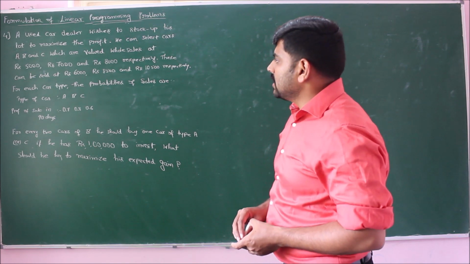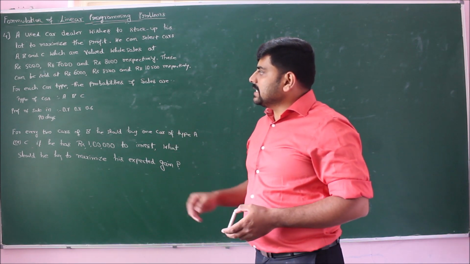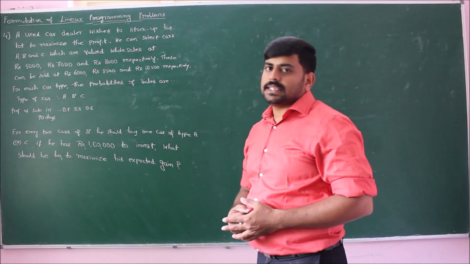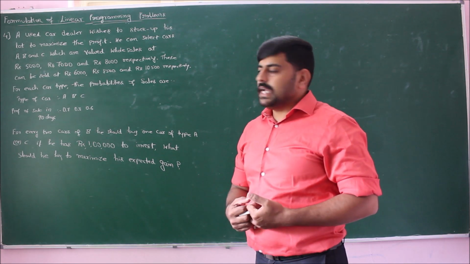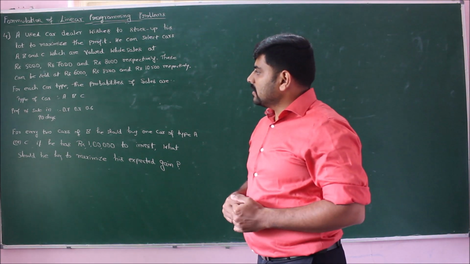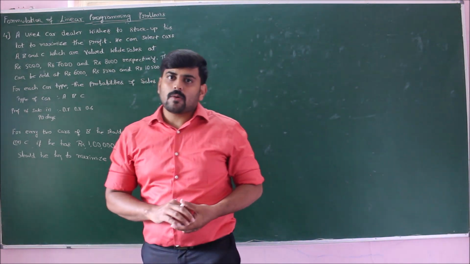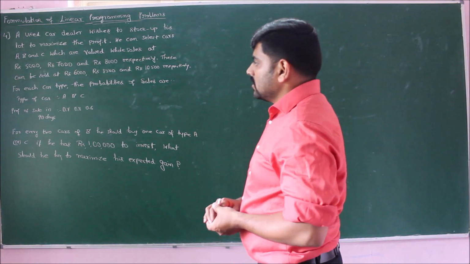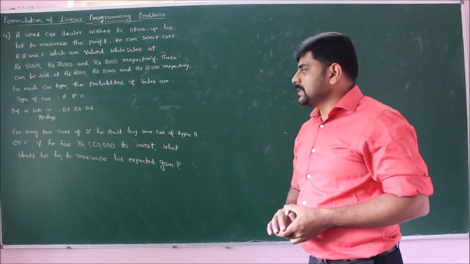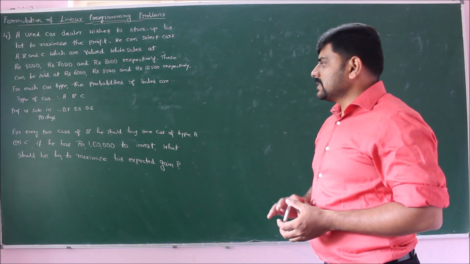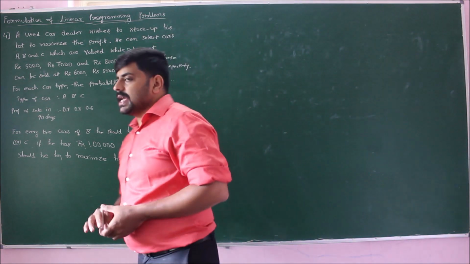For each car type, the probabilities of sales are: type A cars resell with a probability of 70% within 90 days, type B cars with a probability of 80% in 90 days, and type C at a 60% probability in 90 days. For every 2 cars of B, he should buy 1 car of type A or type C. If he has rupees 1 lakh to invest, what should he buy to maximize his expected gain?